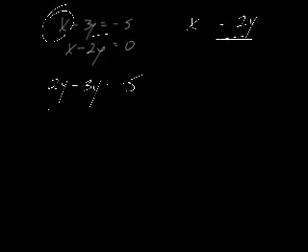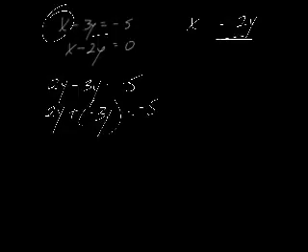And then I can go 2y plus, if you need to do this, always add the negative, and the difference between the two is negative 1y equals negative 5. So we don't need that 1 there. So it's negative y equals negative 5, and if we have two negatives there, we just make them positive, and that gives us a 5.